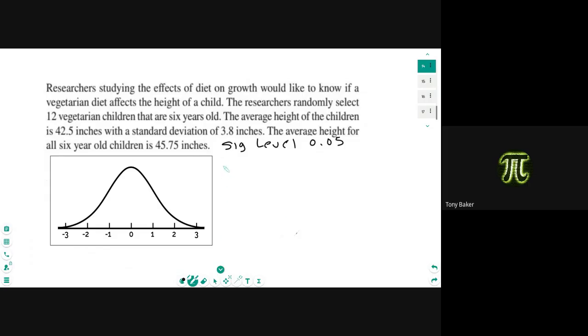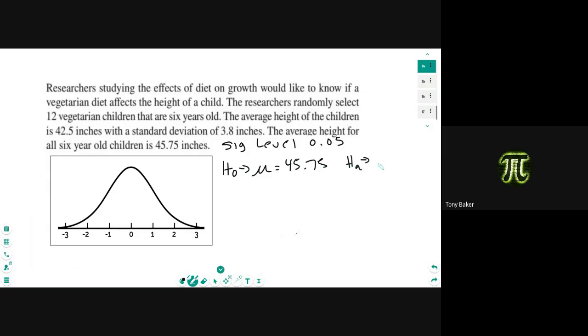What's my null hypothesis? What's the population mean? 4575. They gave it to you out of order in this situation.